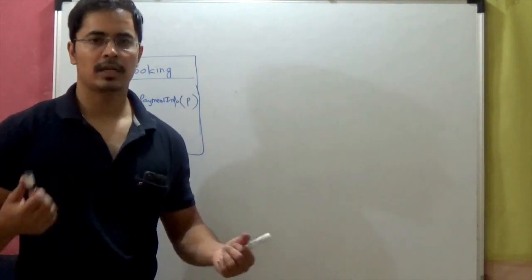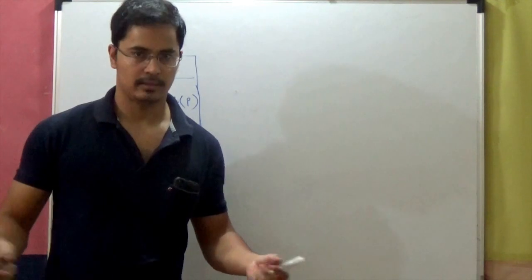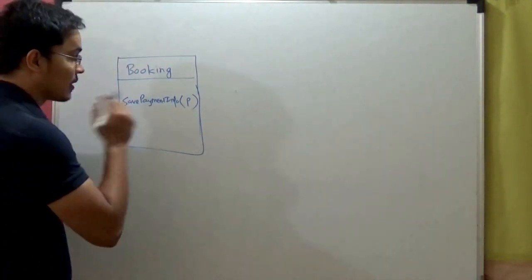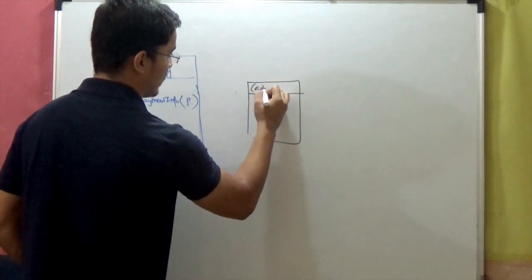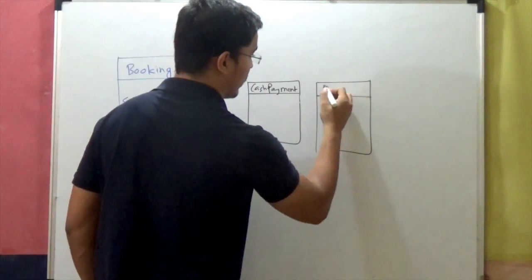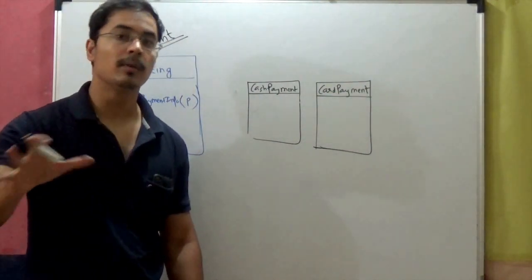Later, users started demanding that they also want to use their credit cards and debit cards. So now we have one behavior, cash payment, and card payment. Can you see this situation? It is very similar.